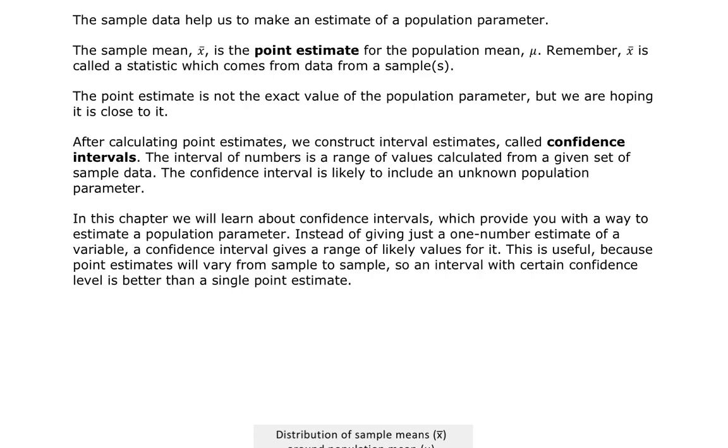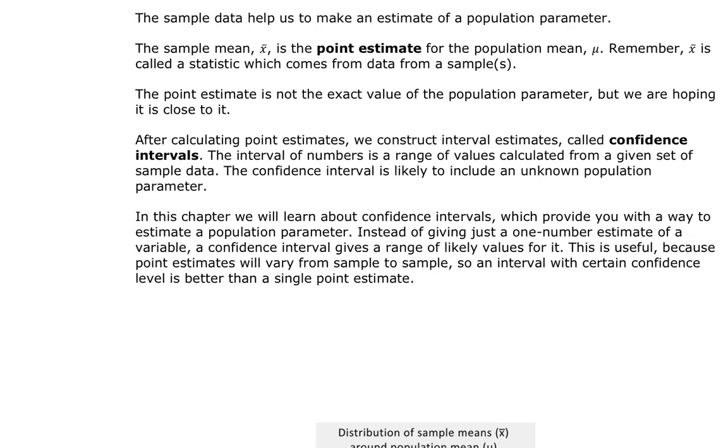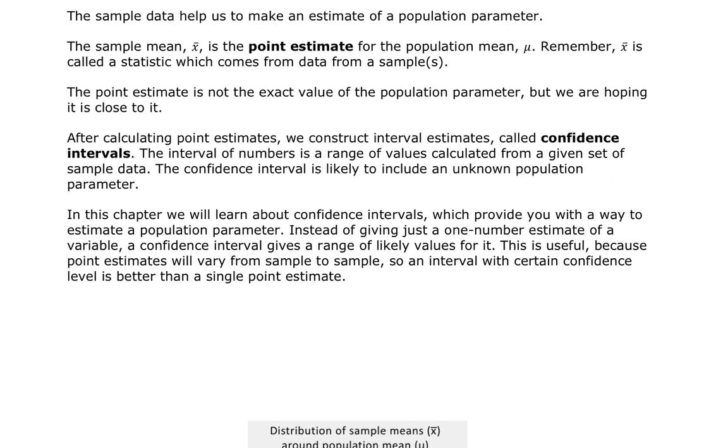So we say, well, we're pretty confident in this region of numbers. Instead of just giving a one number estimate, we give an interval of numbers that's likely to contain it. This is useful because, like I said, the probability of a sample statistic matching exactly the population parameter is 0.